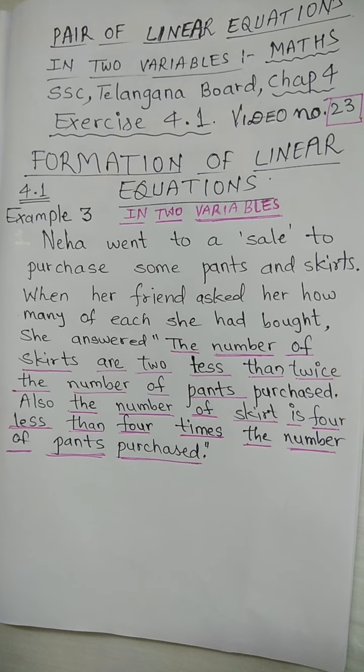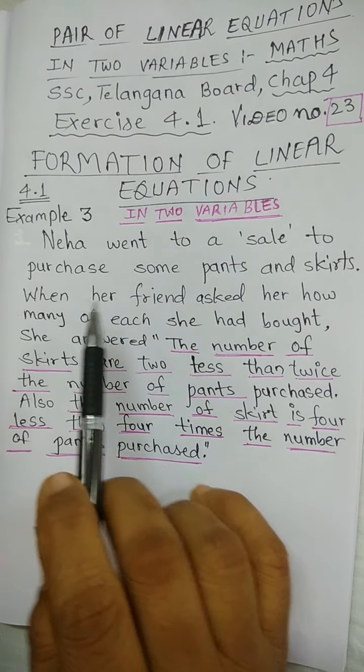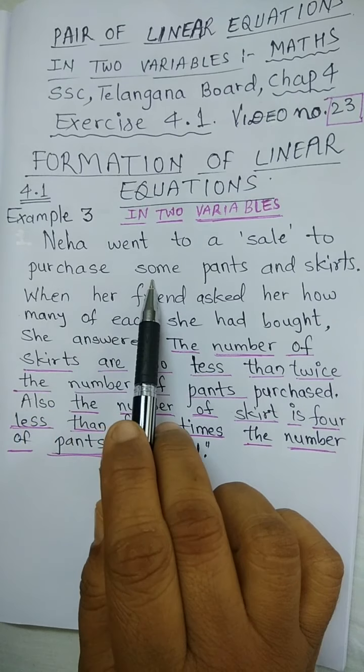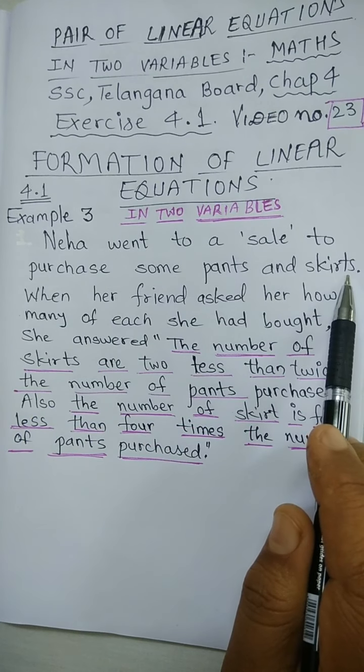So let us see the first statement problem. How to form the equation for this statement problem. It is from 4.1 exercise of SSC Telangana Board textbook of mathematics, and it is the third question from that exercise. Let me read the question. Neha went to a sale to purchase some pants and skirts.